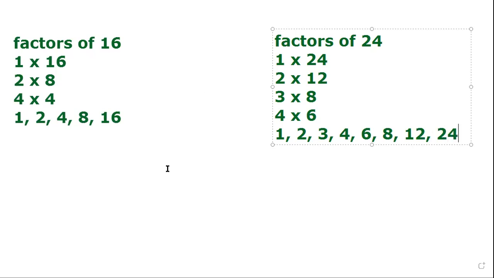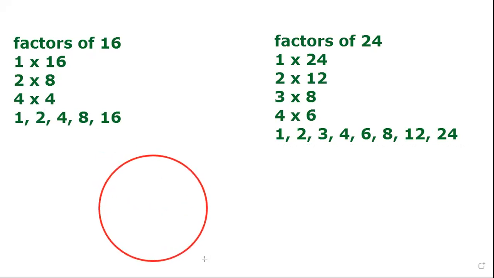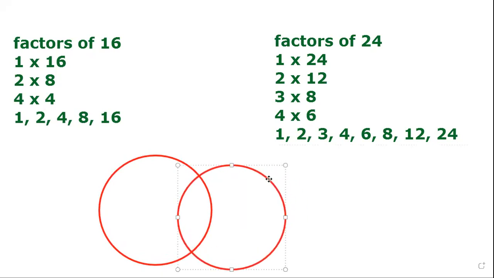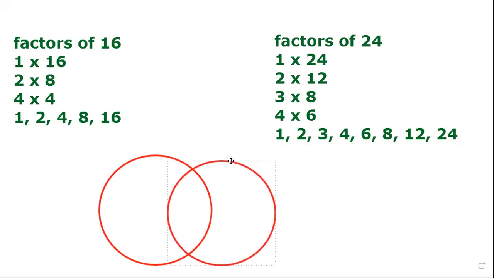What is the next thing we are going to do? We are going to draw the Venn diagram. Okay, so let's draw our Venn diagram. Again, I will draw my circles. I have to move it.